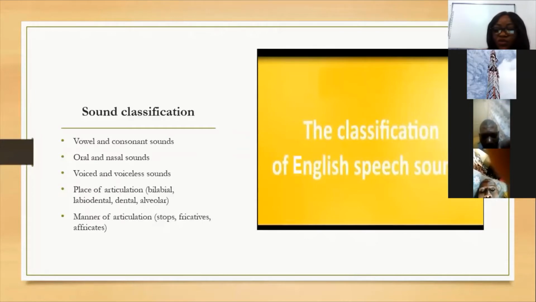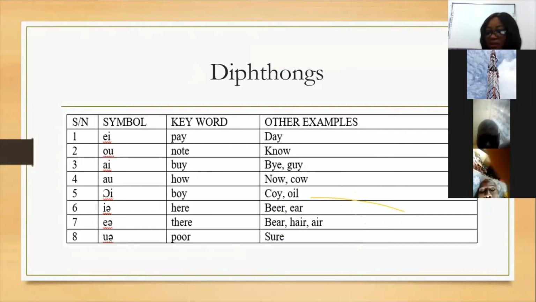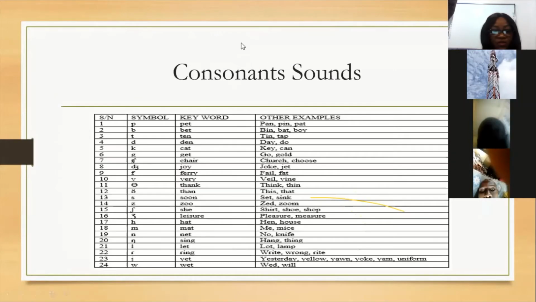Now let's go back to the different consonant sounds that we have. Like we said, there are 24 of them. We have the P, which we have in pet, pan, tap, so on and so forth.